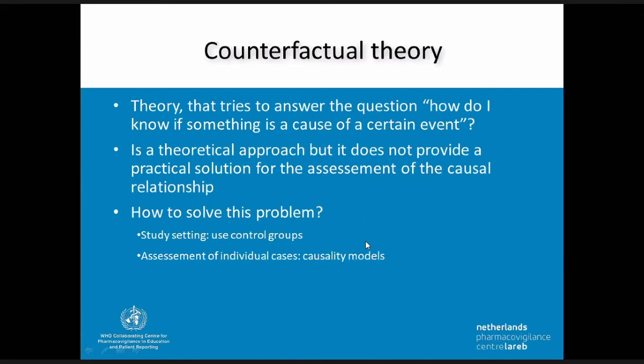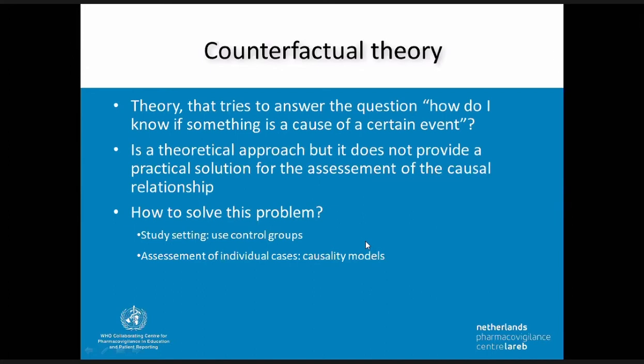Now, in a control group, you can either have a group that does not have the disease and is not given the drug, or B, a group that has the disease but is not given the drug. Those are examples of control groups.